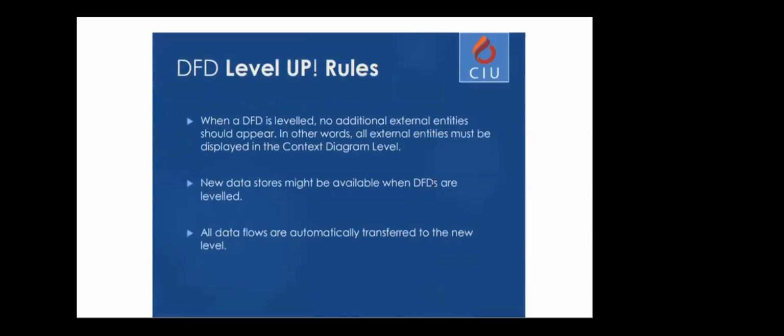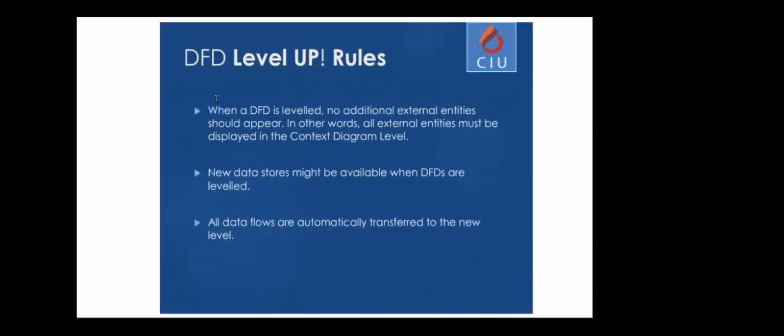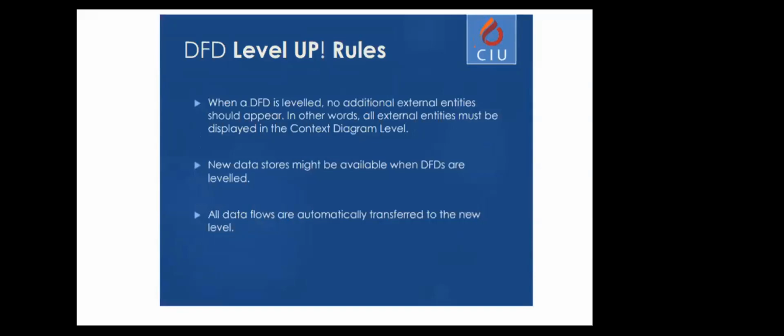There are some level up rules that you need to follow if you're going to level up your DFD. When a DFD is leveled, no additional external entity should appear. That's rule number 1. If you're going to put another external entity, then you designed it the wrong way. All external entities should be displayed in the context diagram, which means from the very start, you should decide what external entities you have.